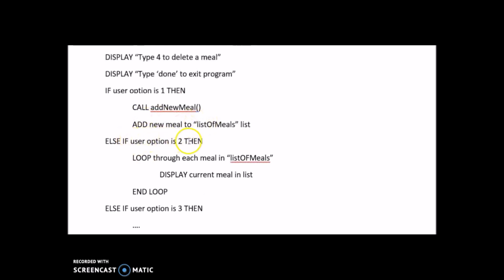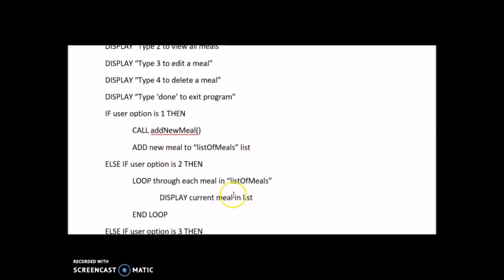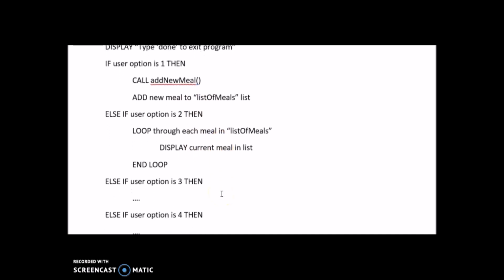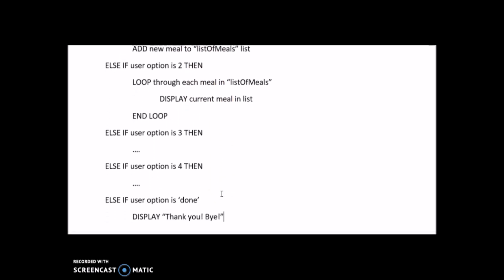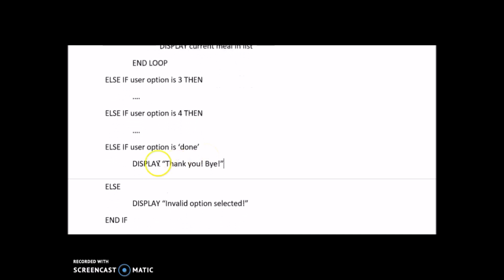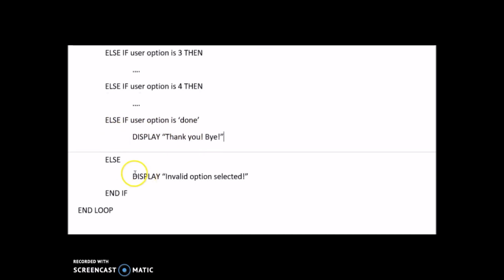If the user option is 2, then maybe what you do is have another loop where you loop through each meal that's in the list and display this meal to the screen. You can also have other options. If the user selects done, then you say thank you, bye, and exit the program. And if the user selects something that's not on the options, then you can display invalid option selected.